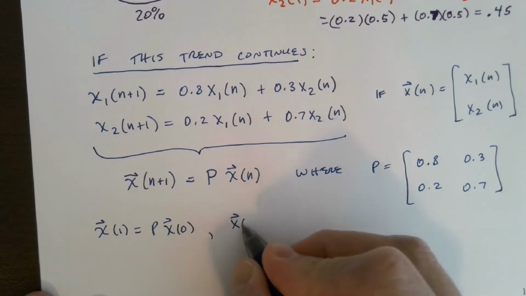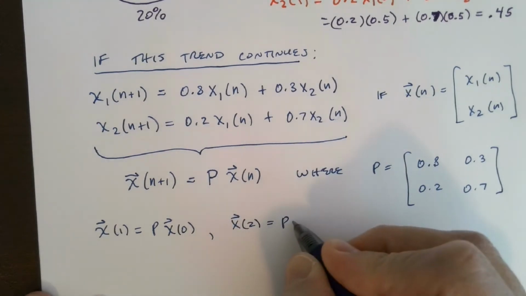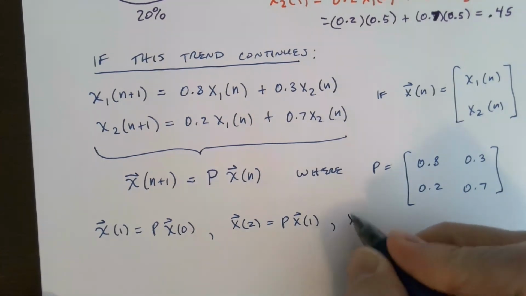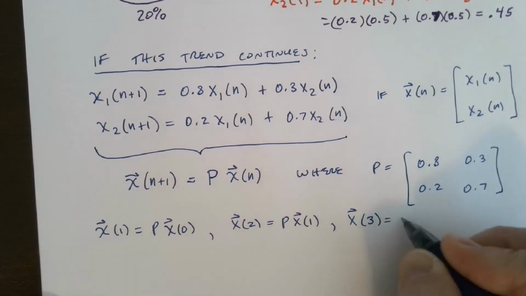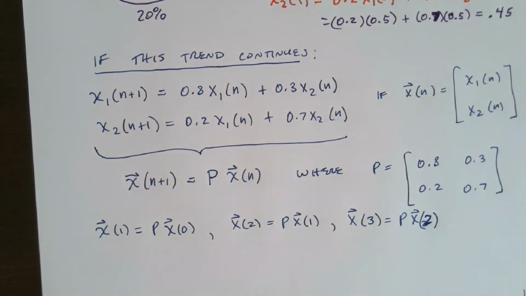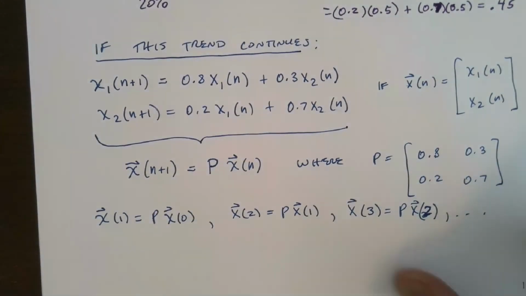And year 2 will be P times year 1. And year 3, P times year 2, and so on. So that's going to continue on that trend.